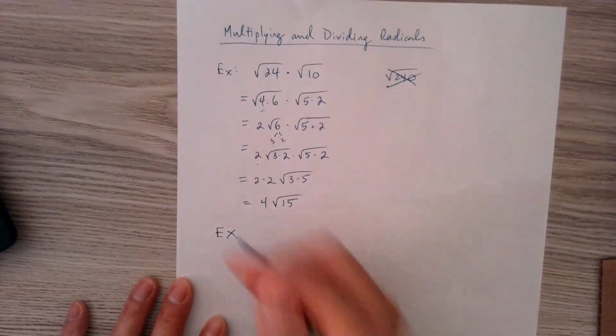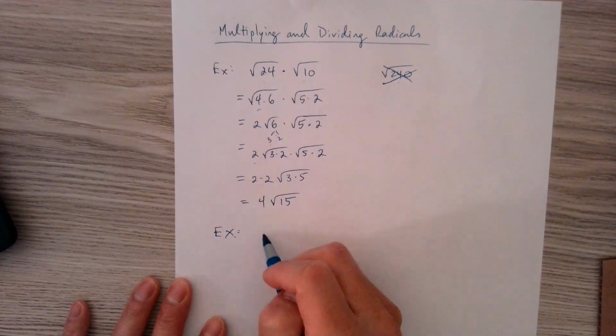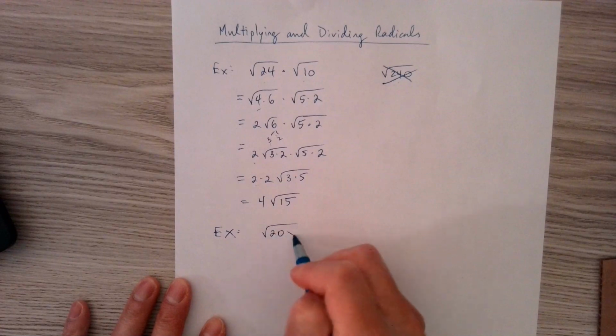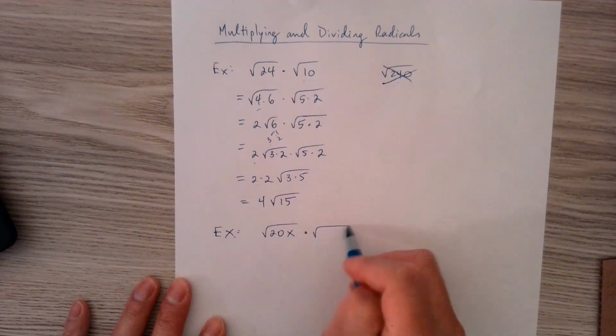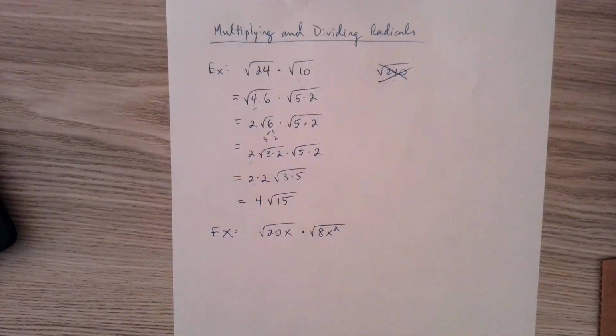Okay, second example. Basically the same thing, but we have numbers and variables now.